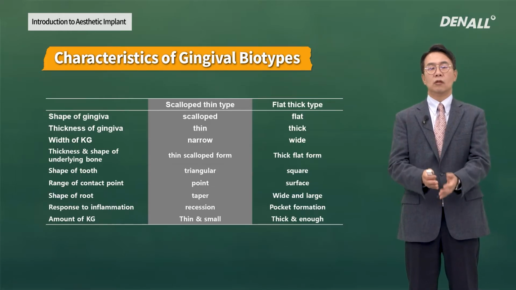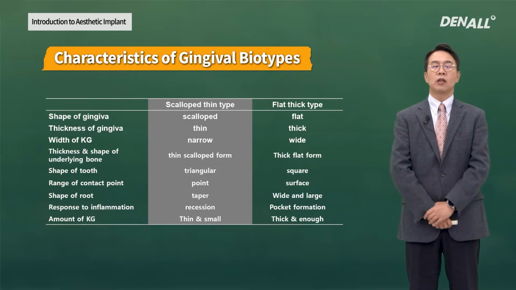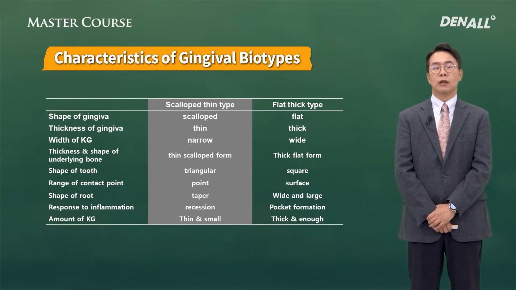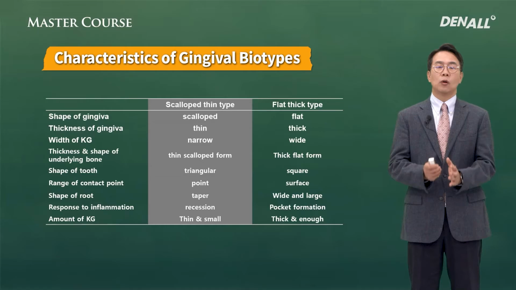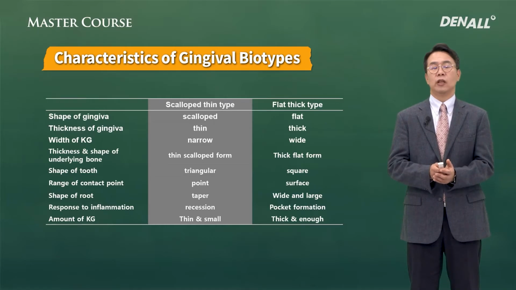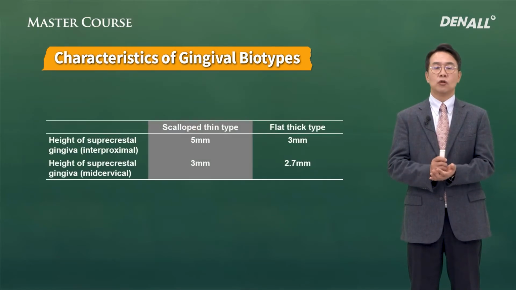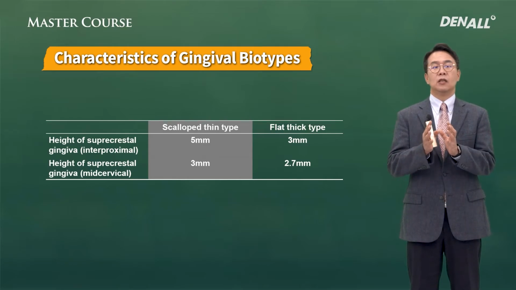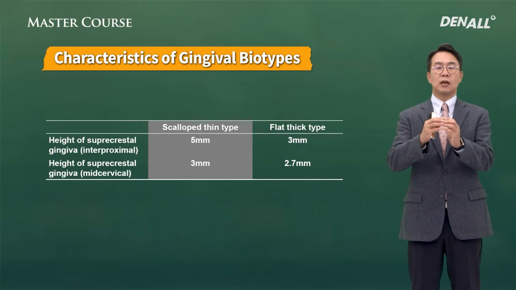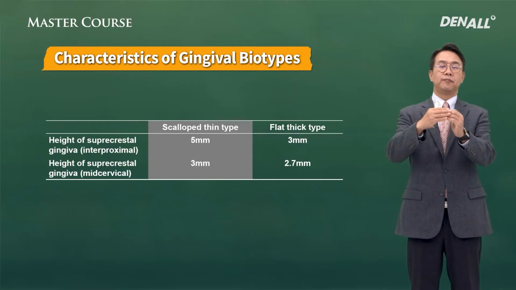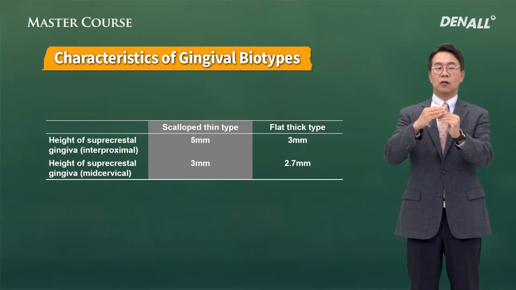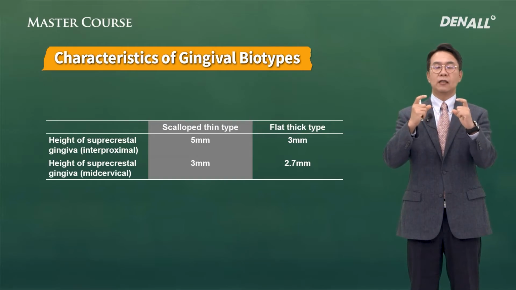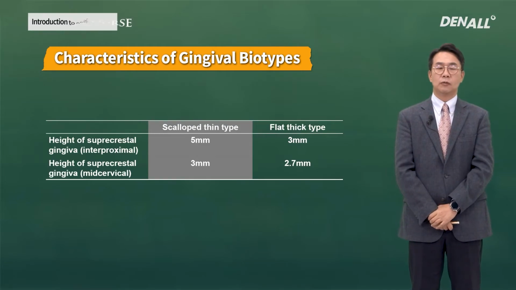So this would determine the shape of gingiva surrounding area, and that is also affecting bone. To be accurate, supracristal gingiva interproximal height is different.